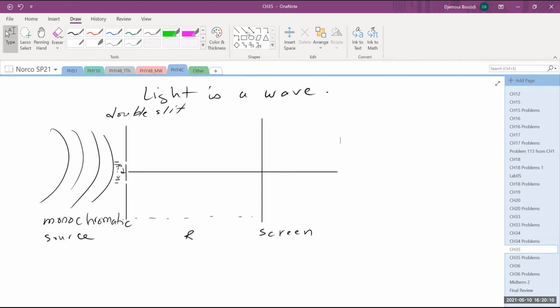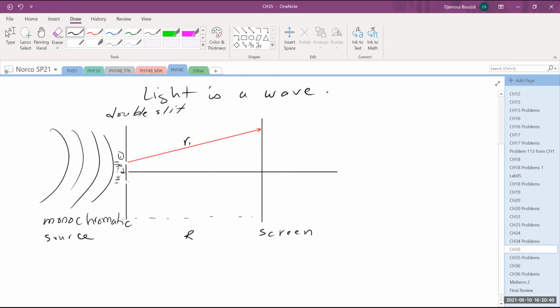Then I'm going to take two beams. I'm going to change the color of the beams, if you don't mind. I'm going to make them red, to simulate most of the labs, which, by the way, we do in red light. So I'm going to go to a point on the screen and call the distance traveled from slit 1 R1.